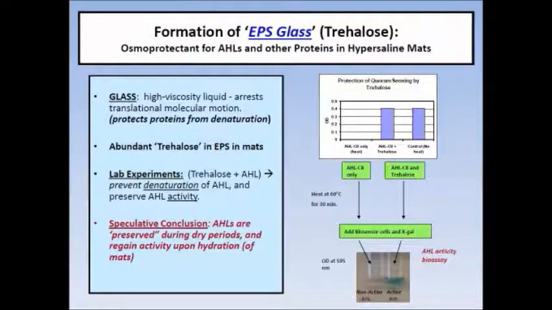And we are coming to the conclusion, based on data, that there's a formation of what's called a glass within the EPS. This is where you get an amorphous structuring of molecules that allows a protein, for example, to be protected from denaturation.